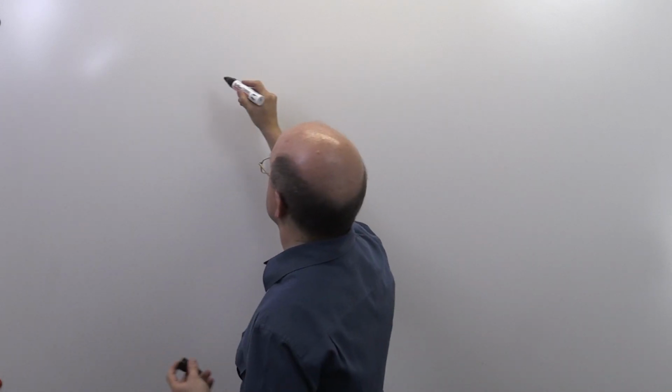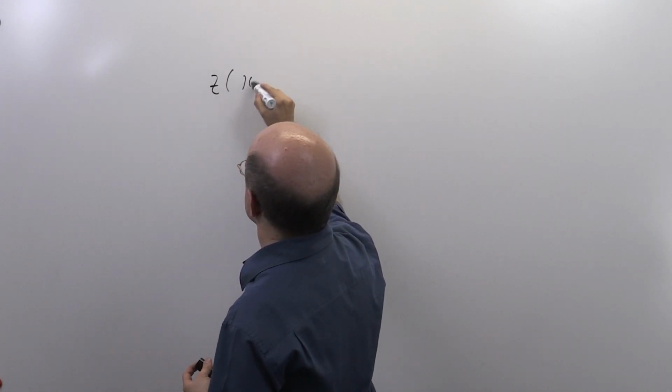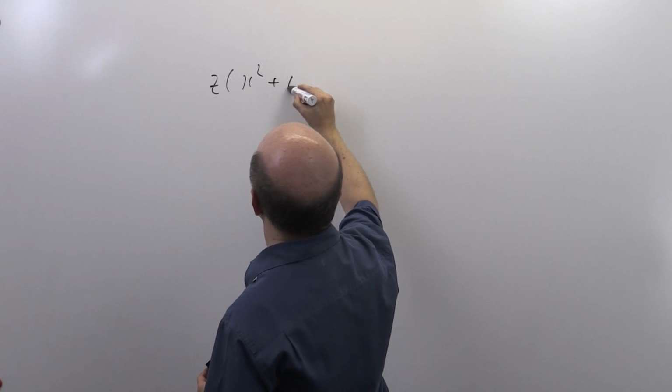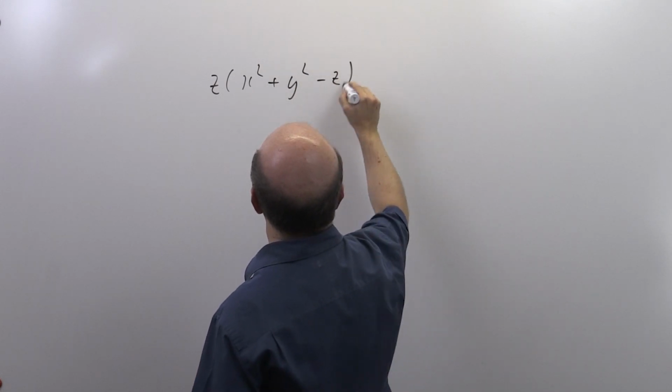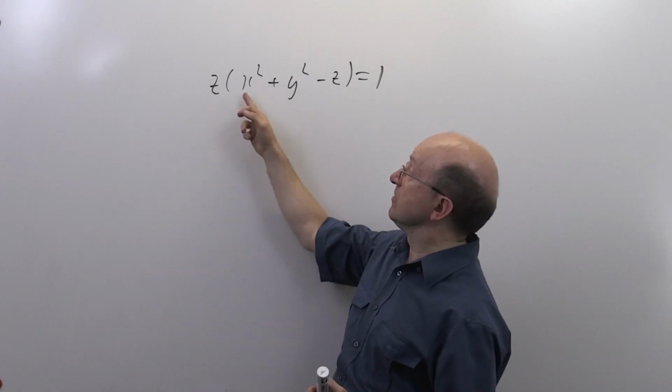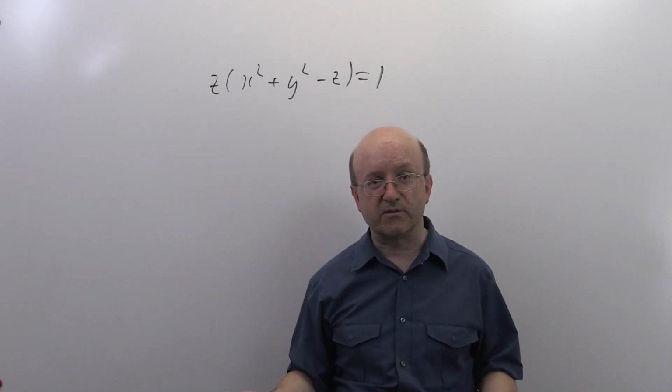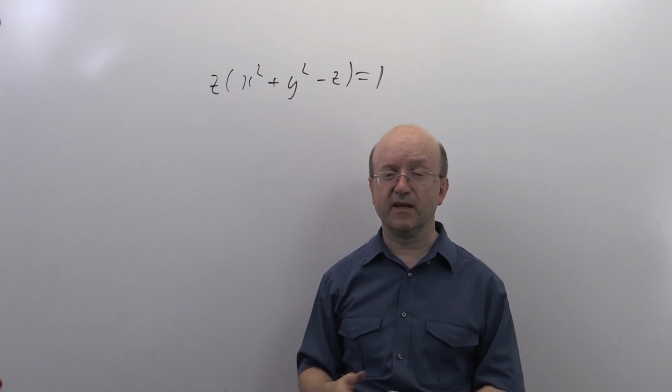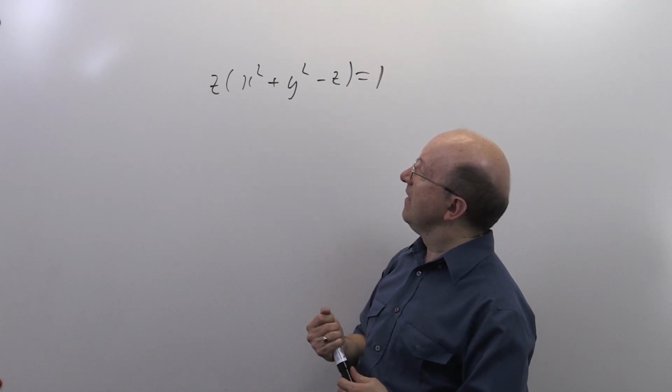The paraboloid is a quadric surface. It's x squared plus y squared minus z equals 0. But something like this, let's make one up on the spot. zx squared plus y squared minus z equals 1. That is not a quadric surface because it's got a zx squared, which is a cubic sort of term. Right? So that's not going to be a quadric surface.